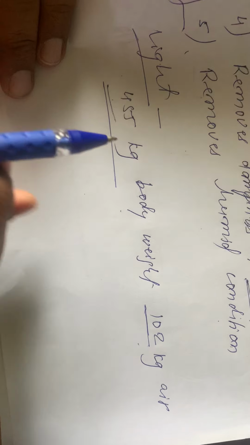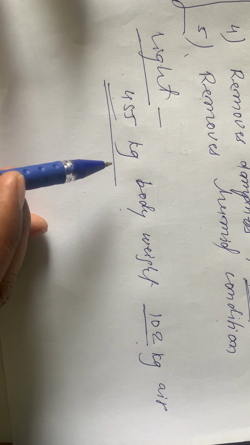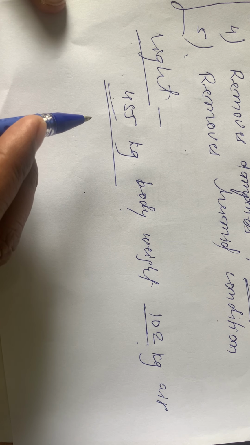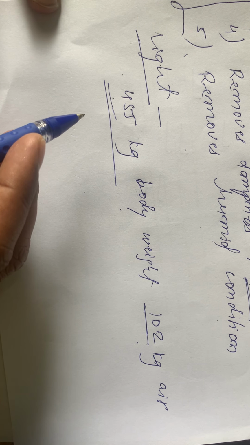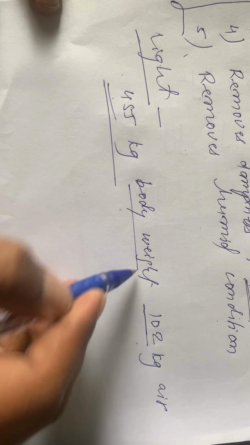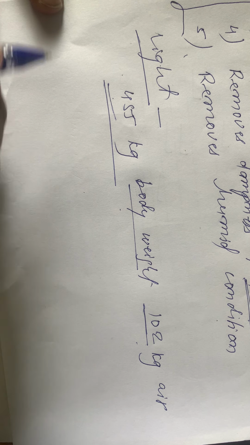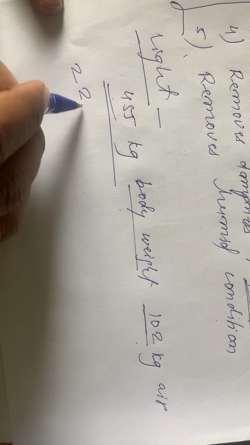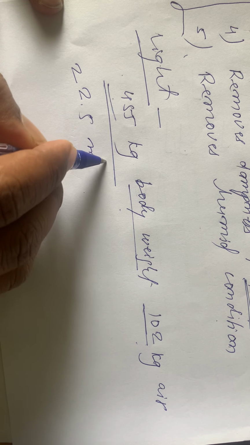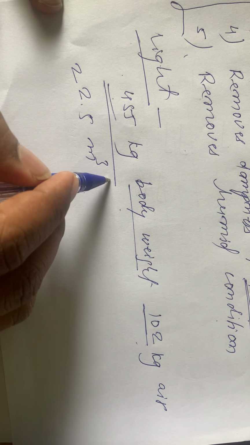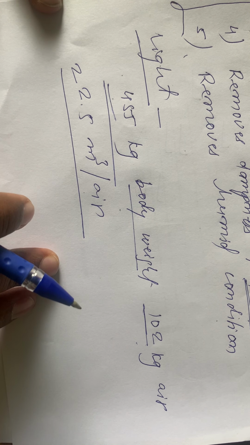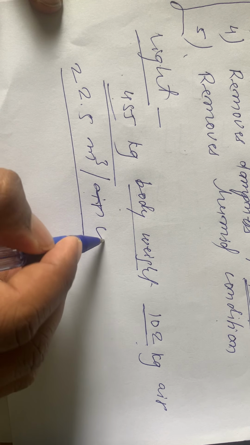Again, let us see about the airspace requirement for each cattle. For each cattle, it requires about 22.5 meter cube of air per cow.